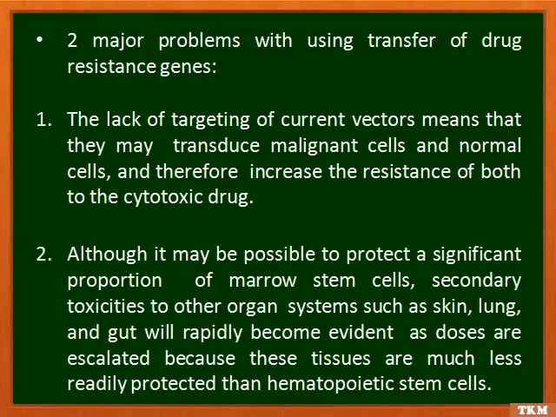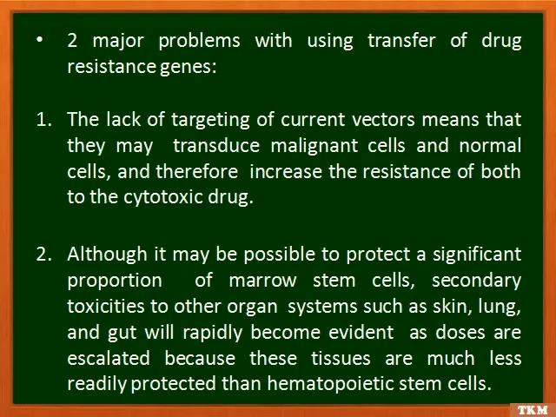The other one is, although it may be possible to protect a significant proportion of marrow stem cells, secondary toxicities to other organ systems such as skin, lung, and gut will rapidly become evident as doses are escalated, because these tissues are much less readily protected than hematopoietic stem cells.